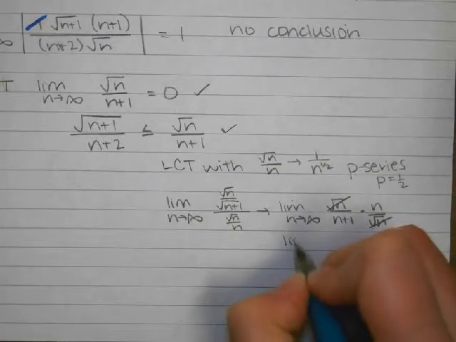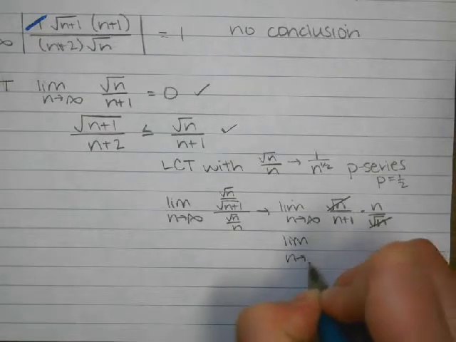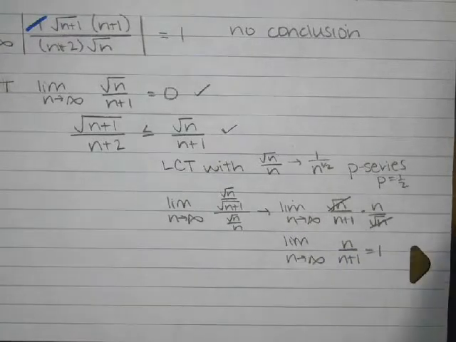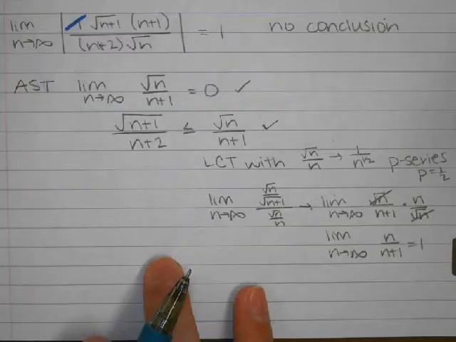And so we have the limit as n goes to infinity of n over n plus 1 equals 1. And here, remember with the limit comparison test, it's not an issue if it equals 1. It just tells us that it equals a number. And so that means that we can conclude that this converges conditionally.